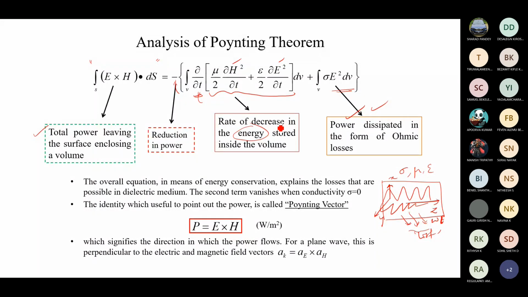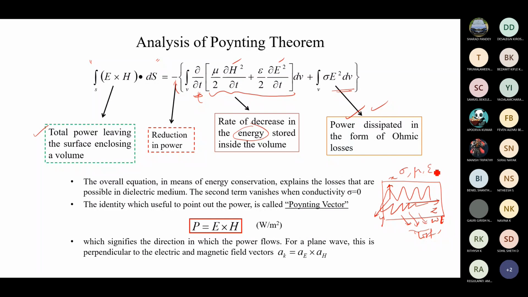The second term, which has the conductivity, is equal to zero for a lossless medium, and obviously there is no power dissipation. In other words, all the total power will be stored by the material itself, which means the wave will be available within that. It cannot escape out of that. That is the indirect meaning of this.